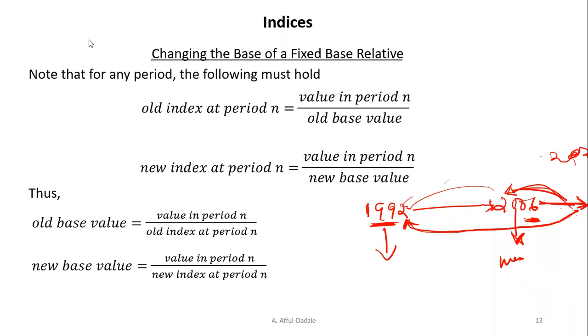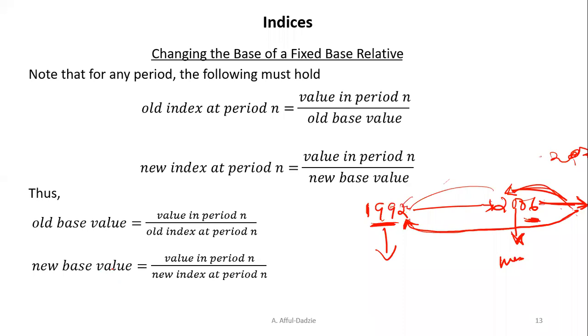Like we did in the previous example, if we make the base values the subject, you're going to have the value in the current period divided by the index value. If you're doing it for the old one, you're going to have the value in the current period divided by the old index.